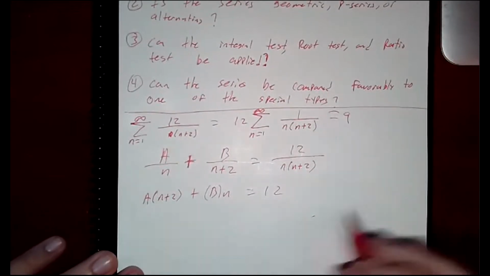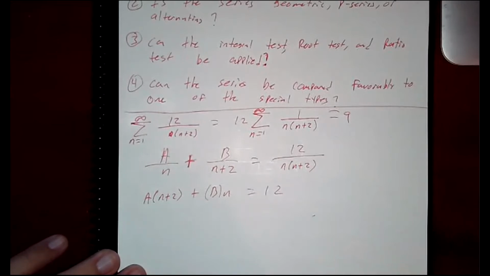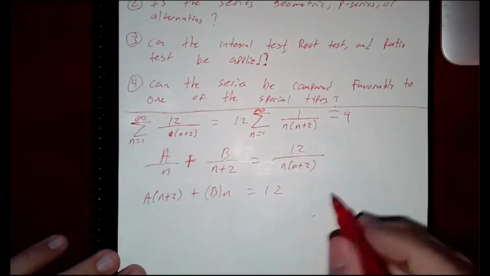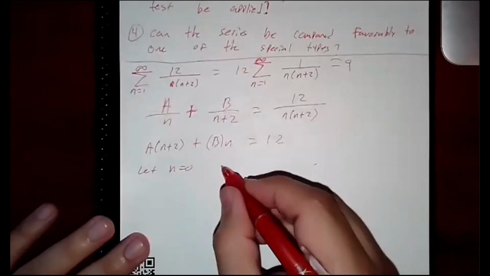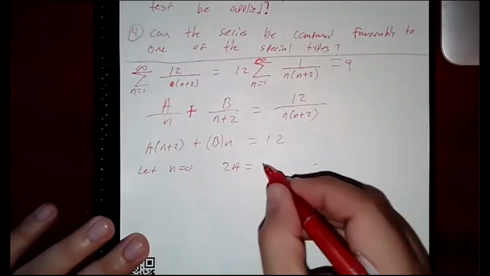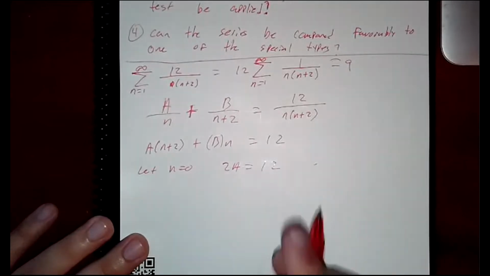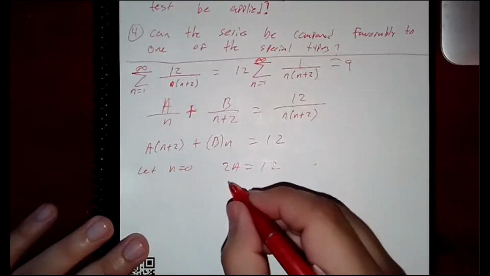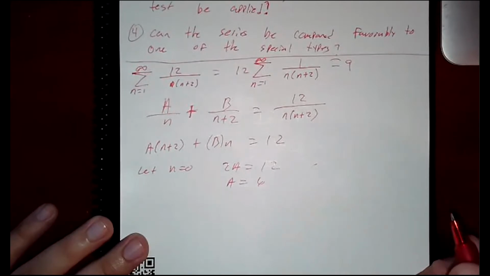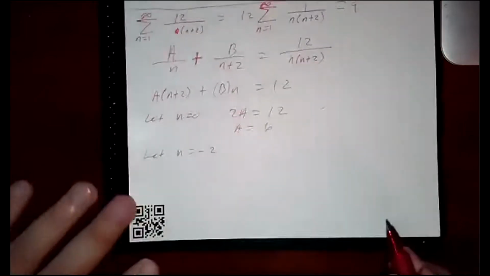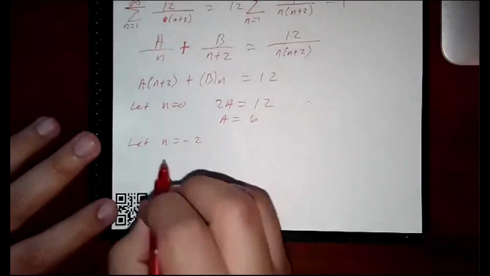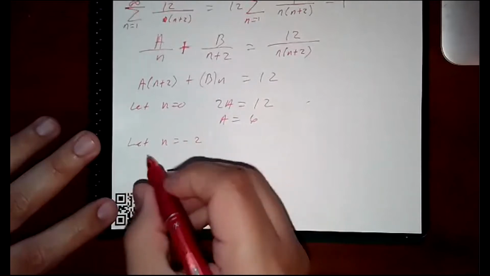So if I let n be 0, I would get 2A equal to 12, which would be 6, right? If I let n equal -2, this would be 0.